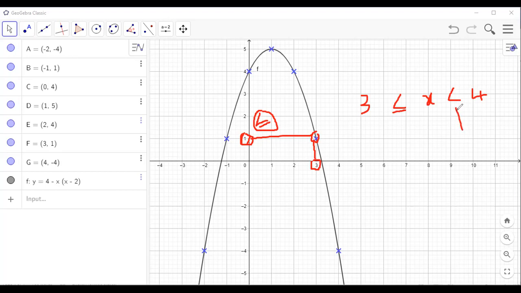So not for this one, not for this one. So that is the equal sign. Right. Okay. Then we'll move to the next question.